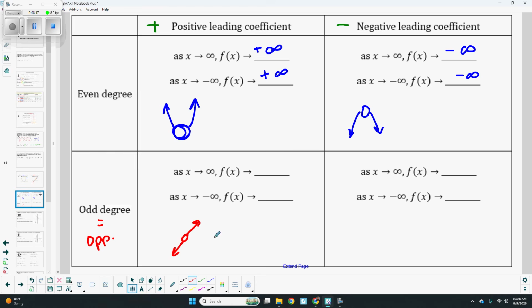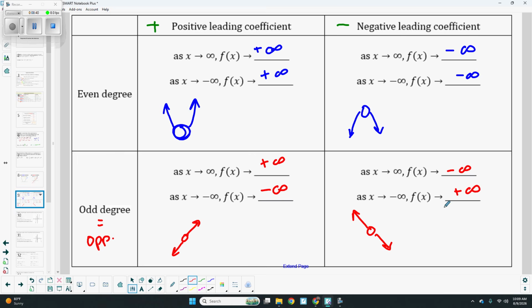That means to the right, it goes up, and to the left, it goes down. Whereas with a negative leading coefficient and an odd degree, they're still going opposite directions, but now to the positive, we're going negative, and to the negative, we're going up to positive.